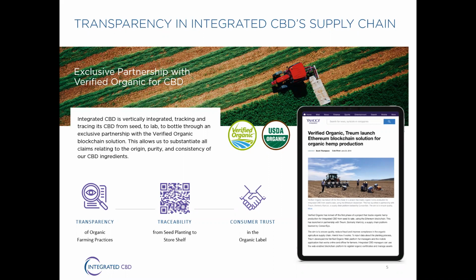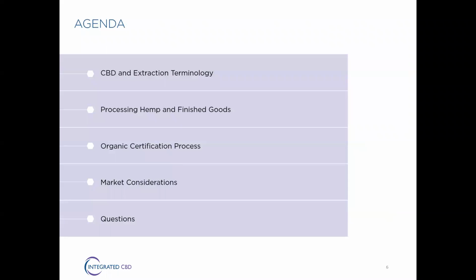So that's just a little bit about us, and onto our agenda for today. We are going to cover a lot of great info as it relates to CBD and extraction terminology. We're also going to be looking at processing hemp and all the stages that hemp goes through to manufacture that finished good or ingredient, and how it relates to the terminology that you're used to seeing in the market.